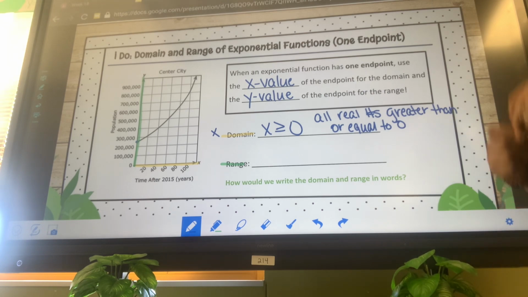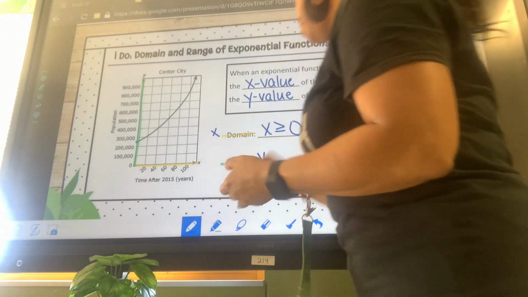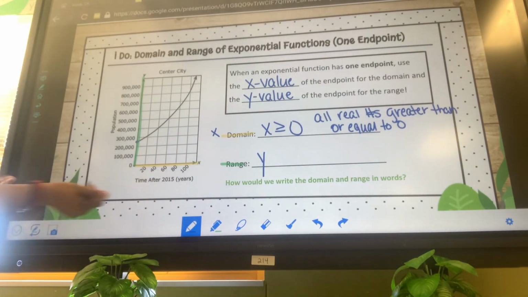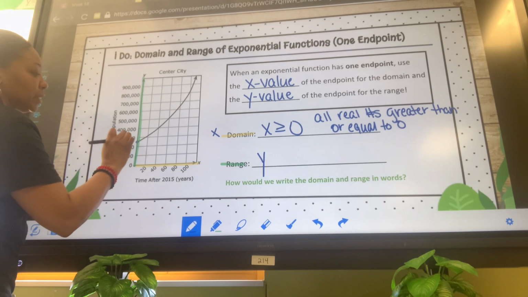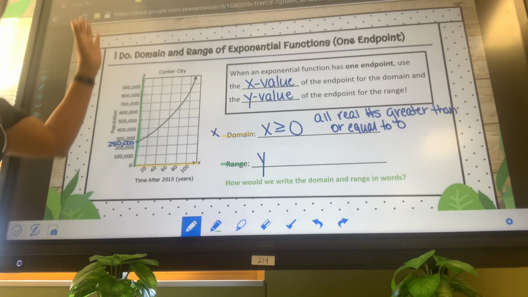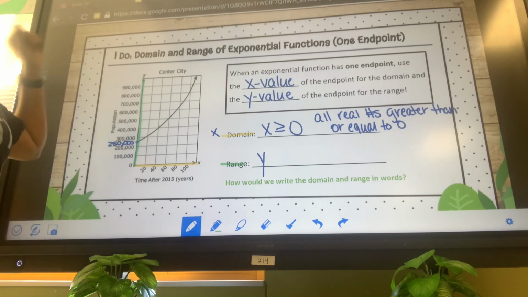Okay, now let's do our range. So our range is going to start off with the Y. Okay, and I need my Y value where it starts. So right in between here is going to be 250,000. Okay, now pay attention to the direction of the line. It's going up. So up is our positive direction. The numbers get bigger or greater as we go up, right?